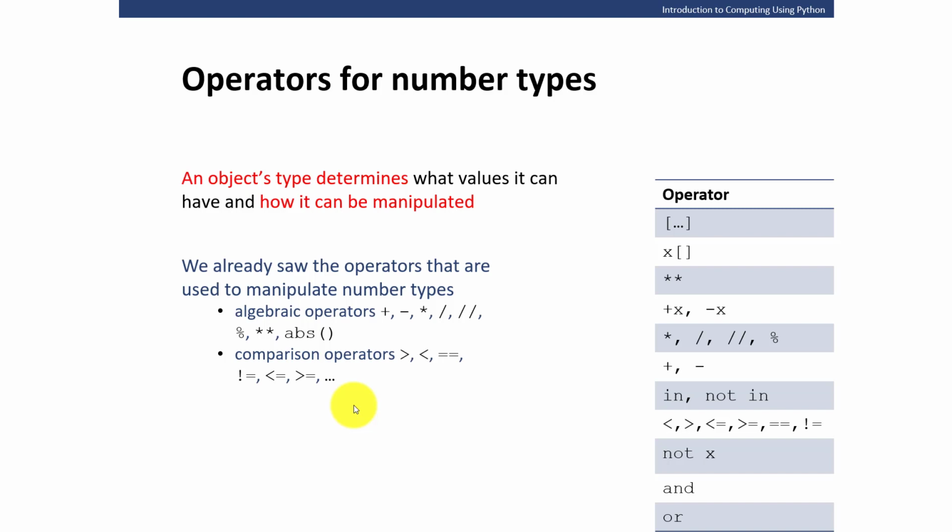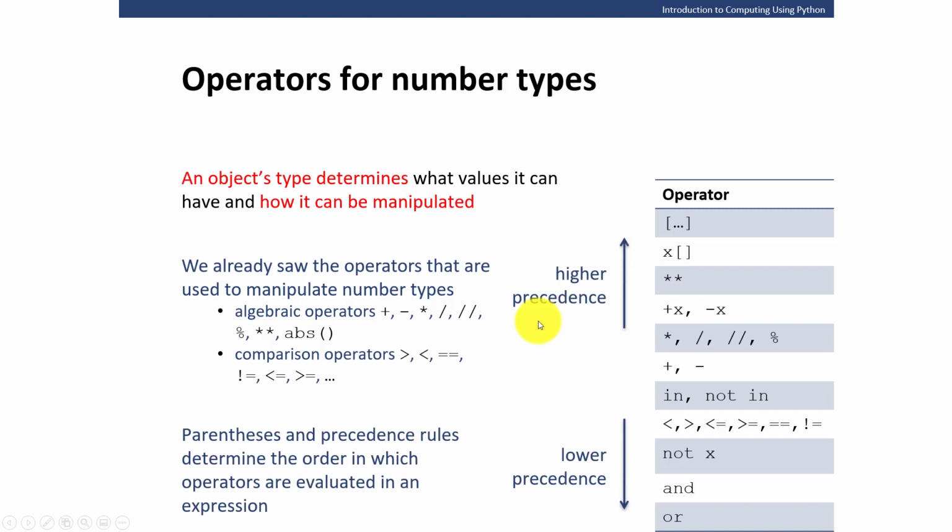The order in which operators are evaluated is defined either explicitly using the parentheses, where the parentheses will be executed first, or implicitly using the operator precedence, as we will see, and we will do the evaluation from left to right if the operators have the same precedence.